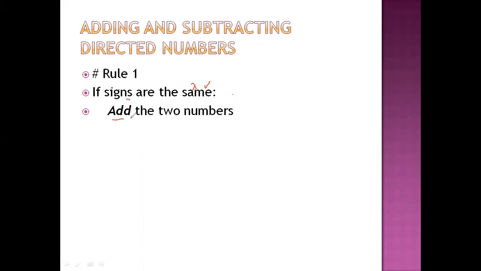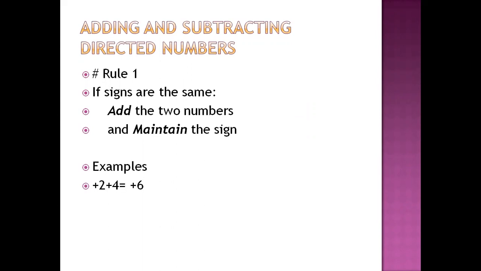What is step number 2? If you add the two numbers, you are then supposed to do something with the sign. So let me move on to the next slide. If signs are the same, what do we do? You maintain the sign. Let's have an example: +2 +4.